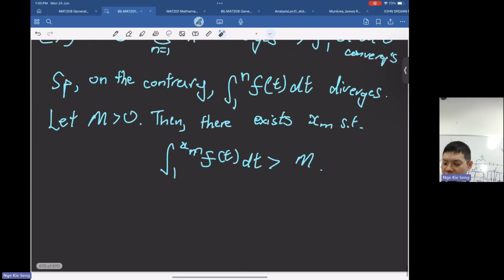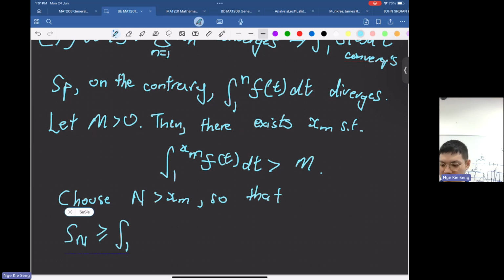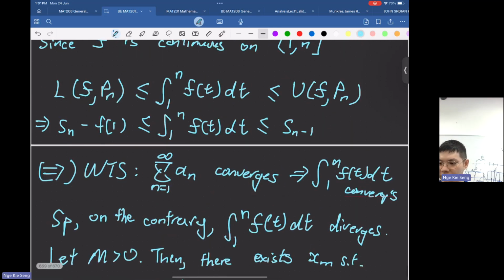So you can see that if we choose n greater than this point xm here, then we have Sn greater or equal to the integral from 1 to n plus 1 of f(t) dt. This is just using the relationship between n and n minus 1.